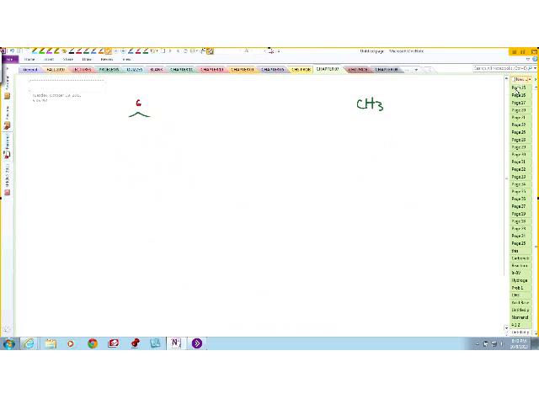Okay. Now let us see here. Supposing we have this here, still on nomenclature. Supposing we have that molecule. And also we have this.